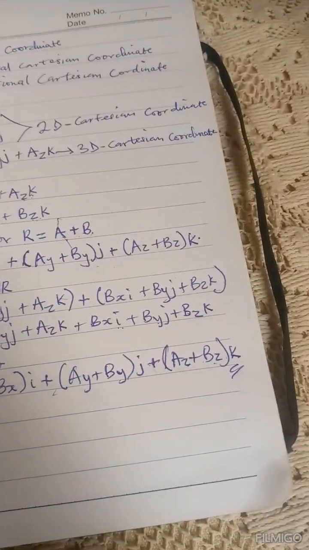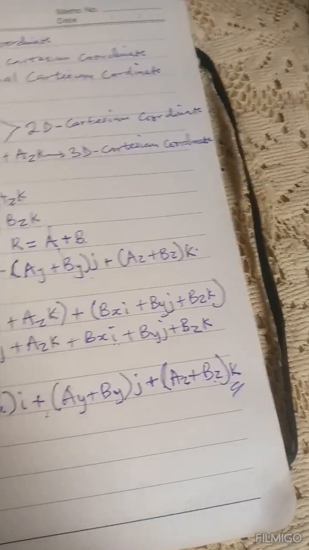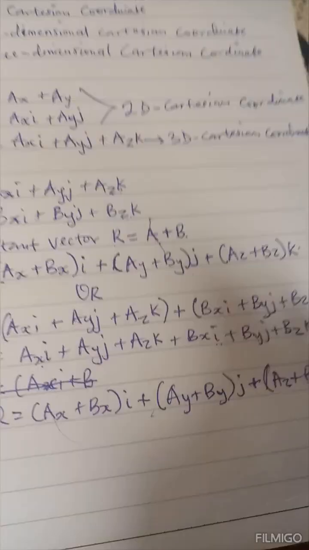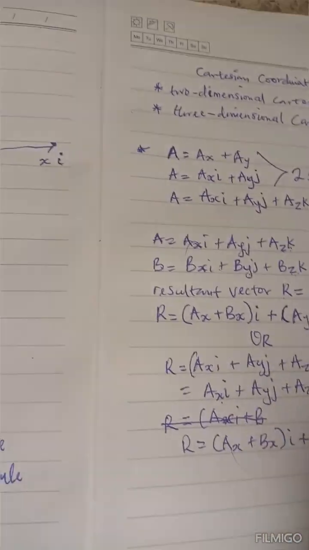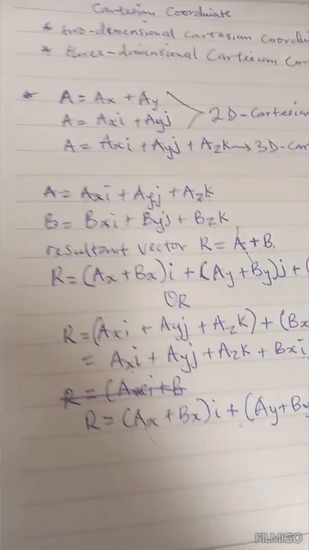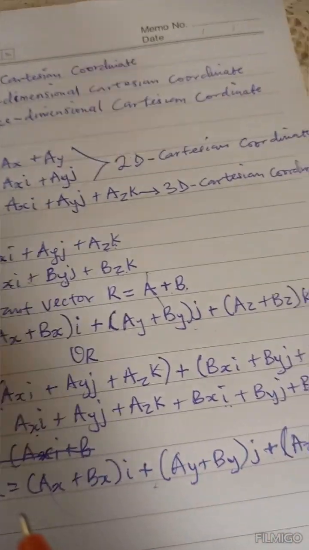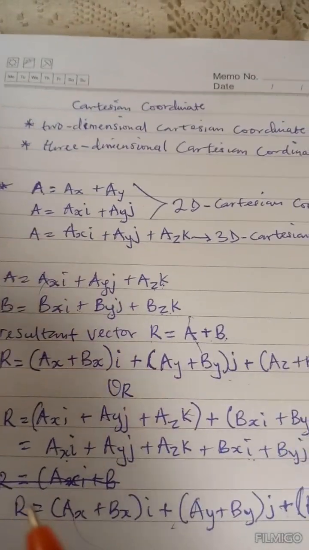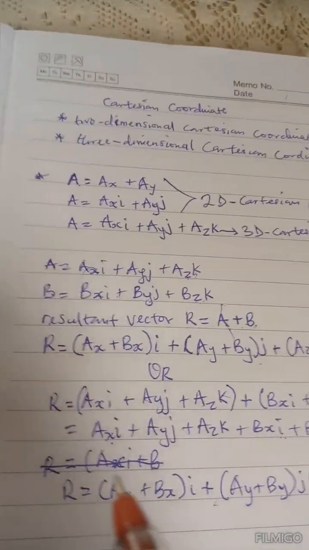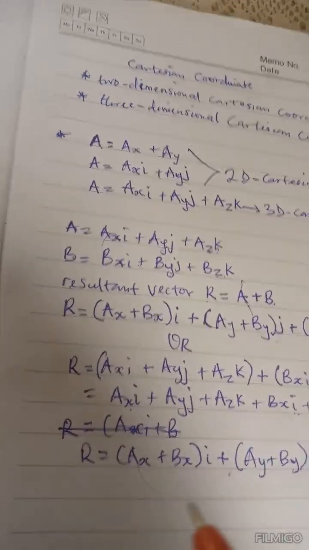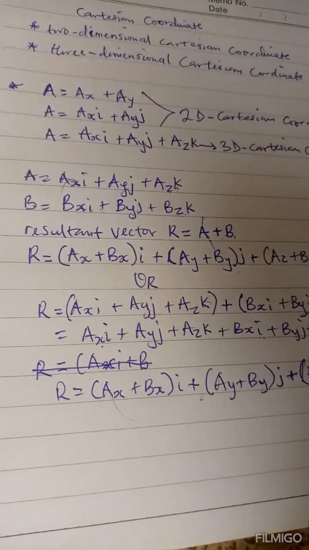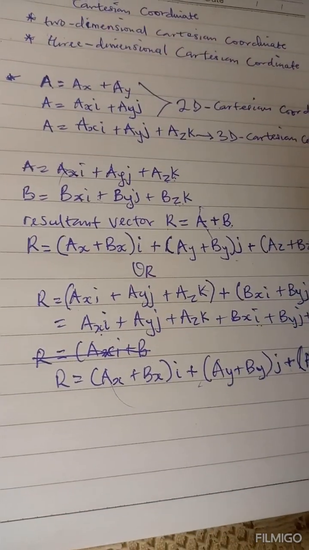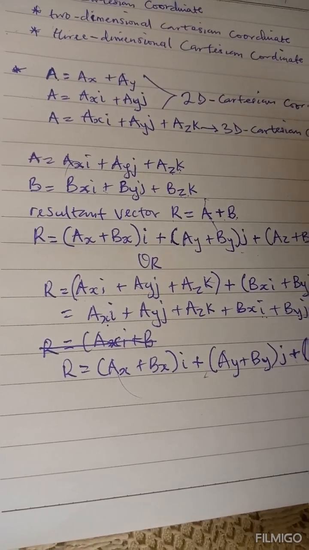So moving on, let's go to the polar Cartesian coordinates. All right. Talking about the polar Cartesian coordinates, this is where a vector is represented by its magnitude and angle, using trigonometric functions.